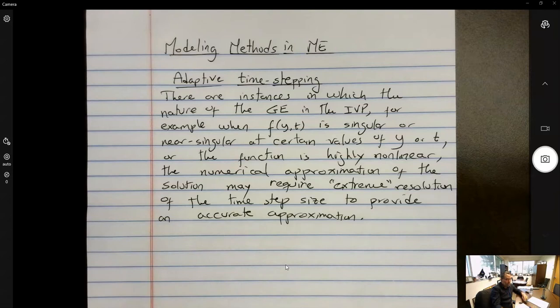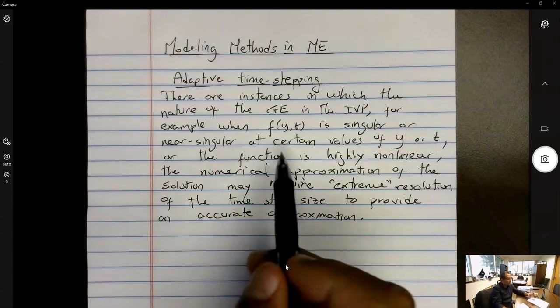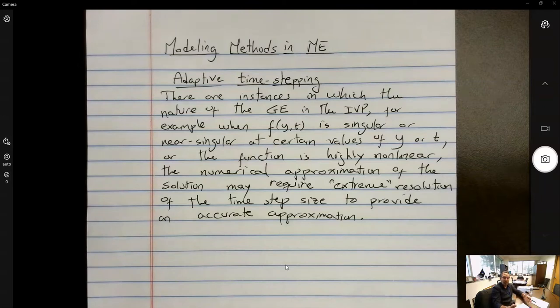So we need ways to avoid this, because we noticed that that particular differential equation, which had a function f that looked singular with a tangent of t, had a solution that was non-singular. It was perfectly smooth. It had sines and cosines and so on.